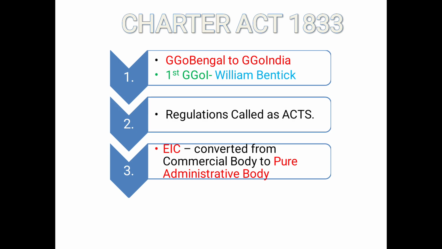And it ended the activities of the East India Company as a commercial body, and finally converted it into a pure administrative body. Now the East India Company will become a pure administrative body.